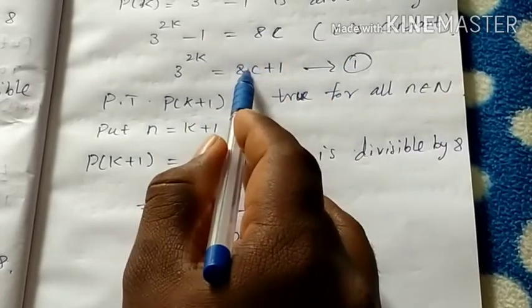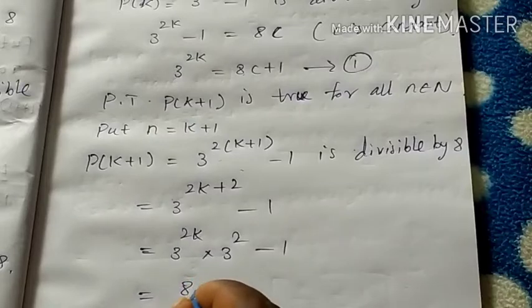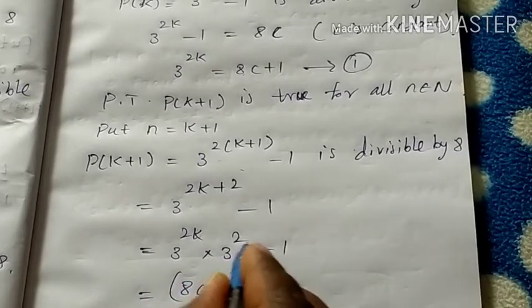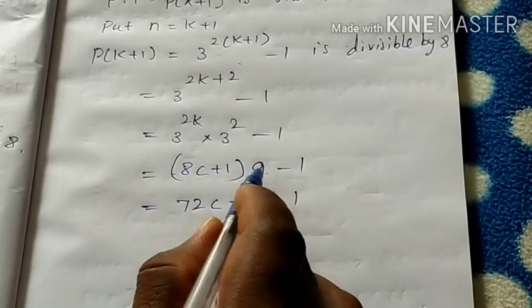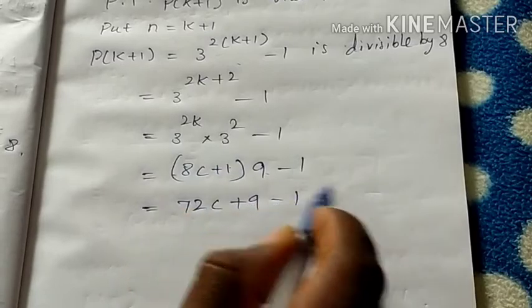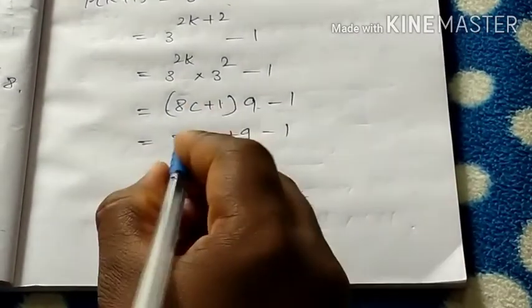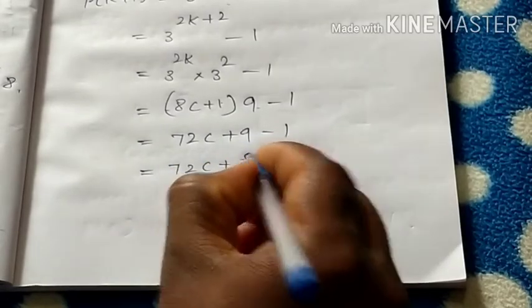From 1, 3 power 2k is equal to 8c plus 1. So 8c plus 1 into 3 power 2 is 9 minus 1. 9 multiplying inside, 9 8s are 72c plus 1 9s are 9 minus 1. So 72c plus 9 minus 1 is 8.